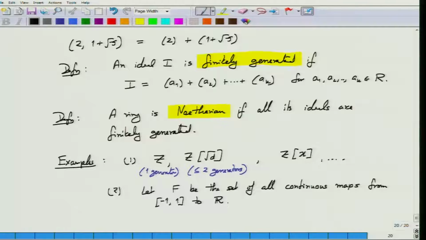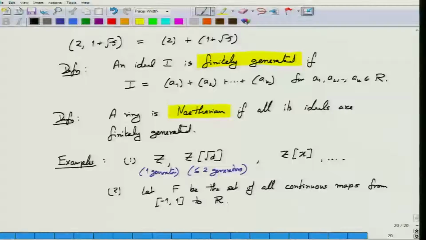Okay, we are considering continuous mappings from the interval -1 to 1 to real numbers. Collect all continuous mappings in the set F. I will define arithmetic on this set and claim that under that arithmetic it forms a ring. What is the arithmetic? Very simple.